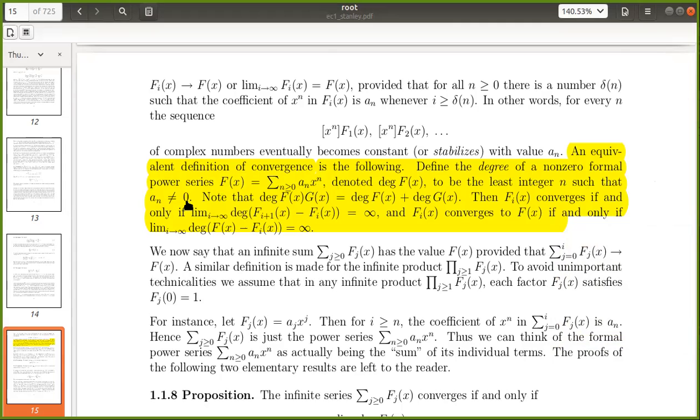The smallest number for which a_n is non-zero. You can quickly verify that for the product of formal power series, the degree is going to be the sum of the degrees of the two formal power series. And then it is quite straightforward to check that this would converge if and only if the degree of the difference tends to infinity.